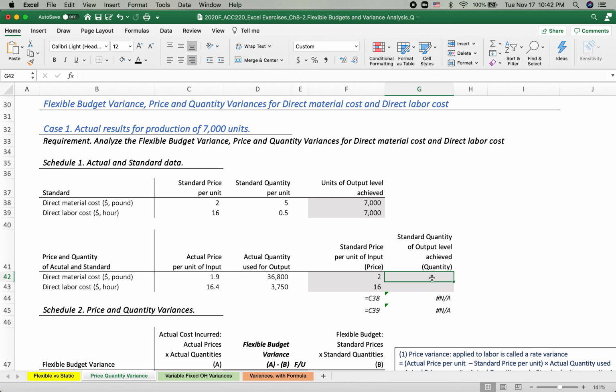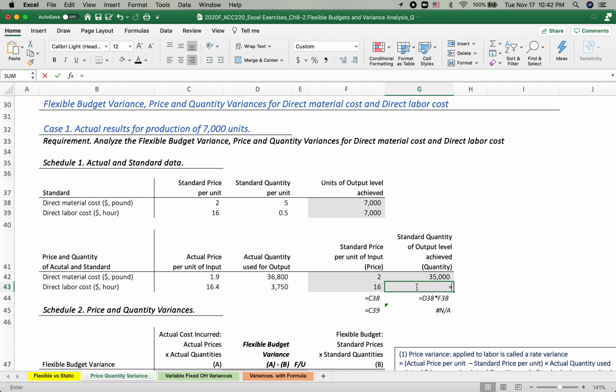For the standard quantity of output level achieved, we need to calculate 5 quantity times the output of 7,000, so we got 35,000 pounds: 5 pounds per unit times 7,000 output units. So the total 35,000 pounds is the standard quantity of output level achieved.